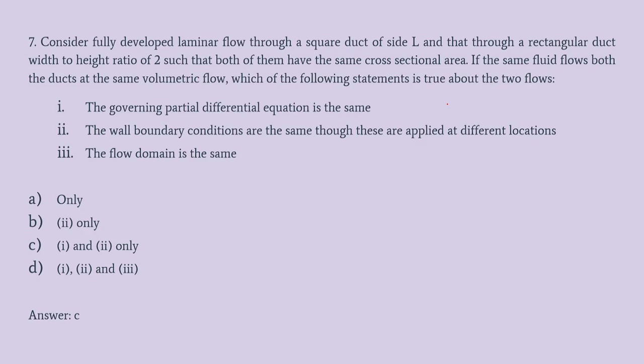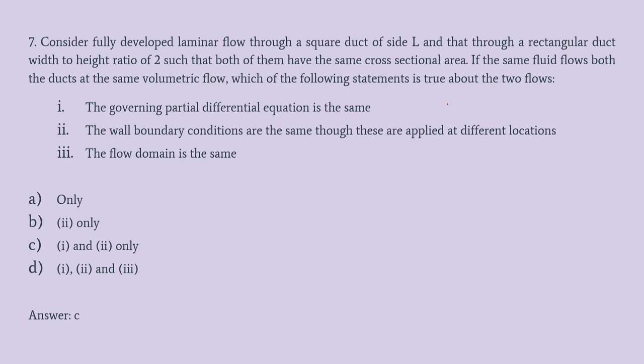The options are: the governing partial differential equation is the same; second, the wall boundary conditions are the same though these are applied at different locations; and third, the flow domain is the same.